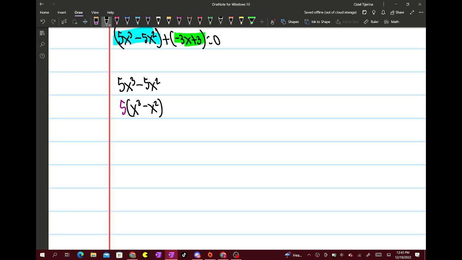So we have 5, and then it's going to be times the quantity, and we can divide both of those by x squared, right? So we have x cubed over x squared minus x squared over x squared.